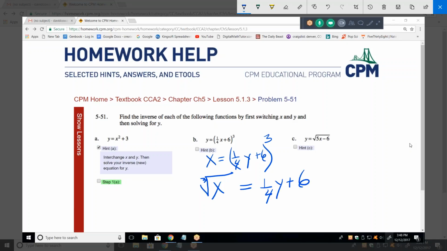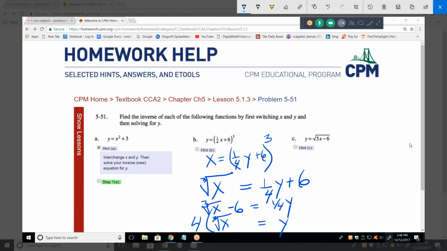Now you've got to get rid of the 6 and the 1/4. Which one gets rid of next? Subtract 6. Okay. Equals 1/4 y. Now what? Multiply by 4. Good. And you kind of got to do it in parentheses like this.